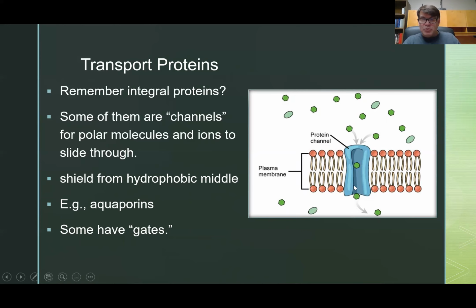Now, some of these proteins have gates, so that they can let some in and not let others in. The chapter suggests that nerve cells, I believe, especially can have gates to allow certain ions in and out. And muscles also have some of these, because this difference in charge helps move my muscles.